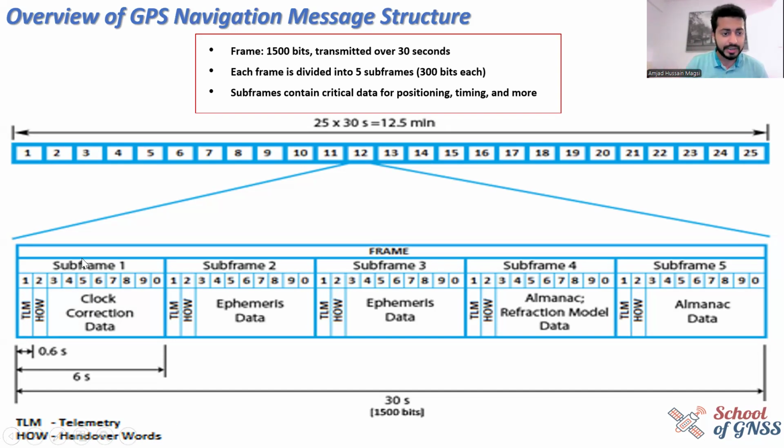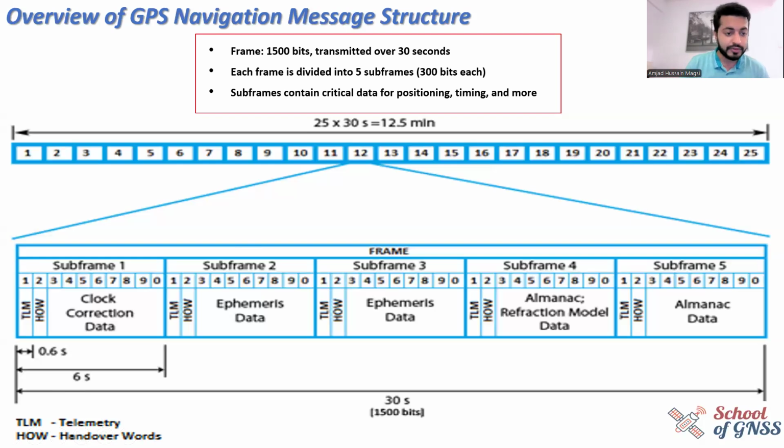Let's count: subframe 1, 2, 3, 4, and 5. Each subframe is highly important and contains different data about the satellite. Each subframe requires 6 seconds to travel from satellite to receiver.